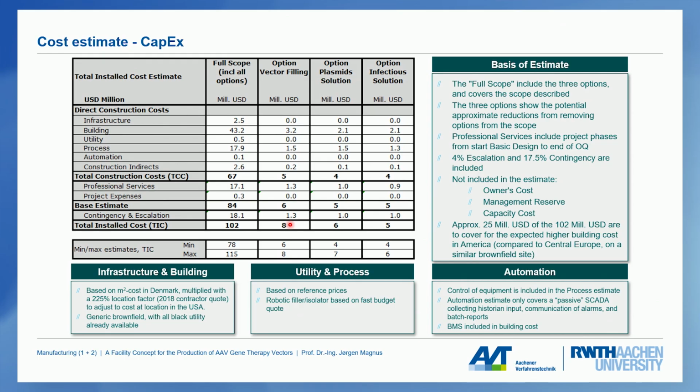You can also take out the preparation of the plasmid solution or the preparation of the infectious solution, the virus, and then you would save 6 or 5 million on doing that. So these are the options that you have for reducing the cost of the facility, but the full scope will be the 102 million US dollars.